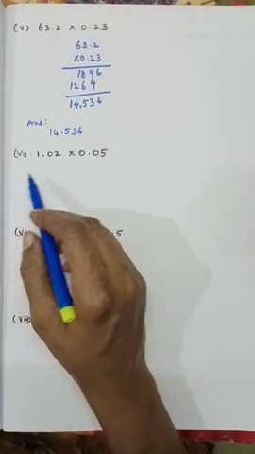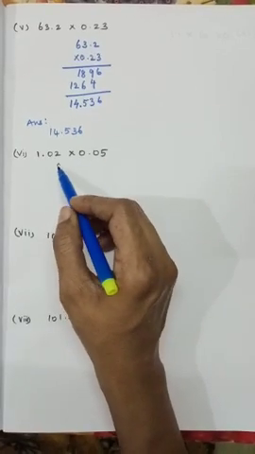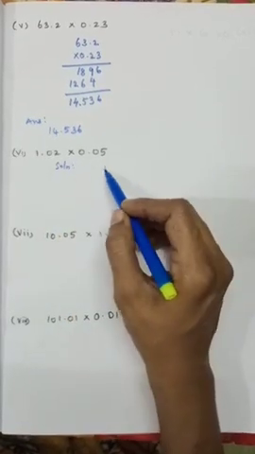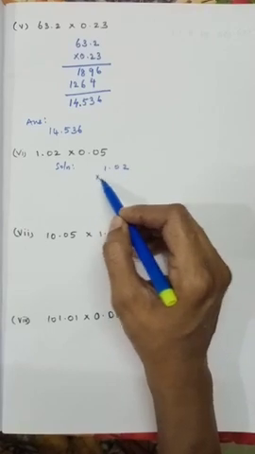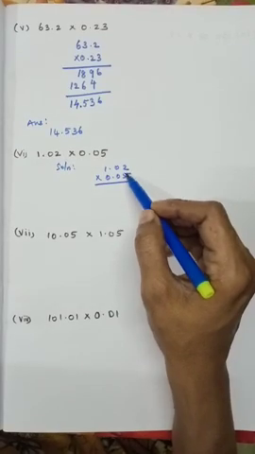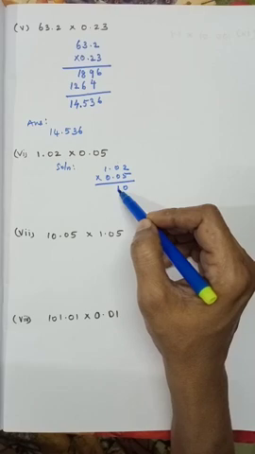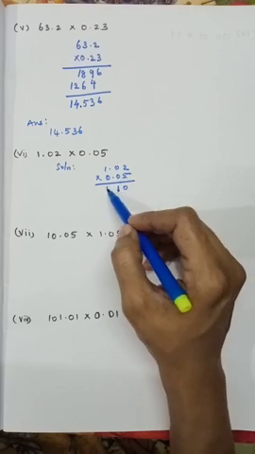Then sixth problem. 1.02 into 0.05. So solution, you multiply 1.02 into 0.05. By 5. 5 2s are 10. 0. Remainder 1. So 5 zeros are 0 plus 1 is 1. 5 1s are 5.